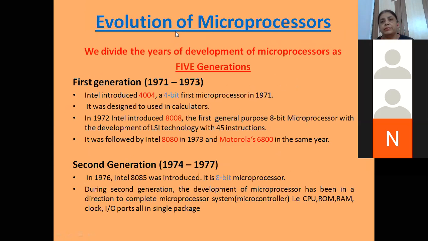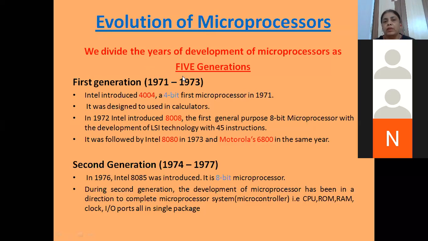So next is the evolution of microprocessor. This is also a very important second question. Here you will write all the generations, since when microprocessors started and till now which microprocessor you are using.